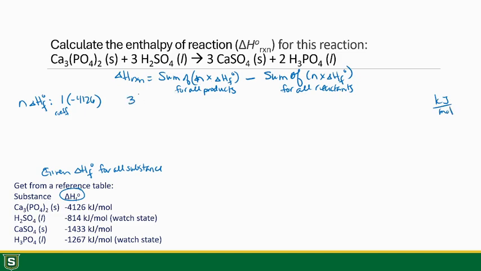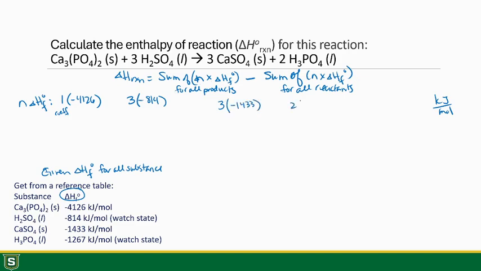And this would be 3 times, let's see where I have them. Figure it out. Here we go. 3 times -814. And for this, it would be 3 times -1433.